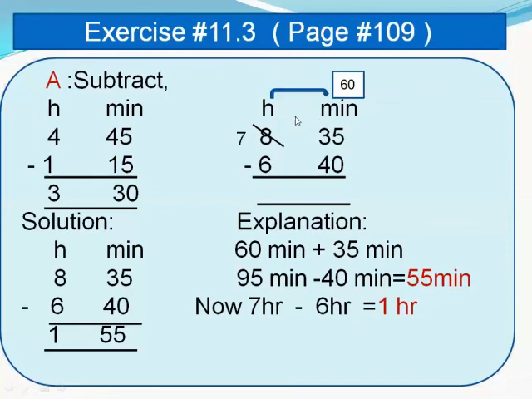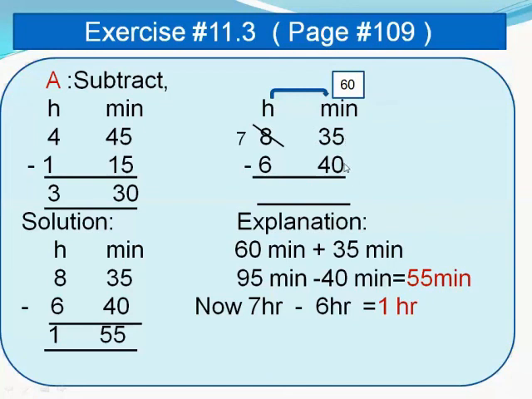Now move to the next question. Look here, 35 minutes minus 40 minutes and 8 hours minus 6. Now we start our subtraction from the minutes side. 35 is less than 40, so it is not possible to subtract.